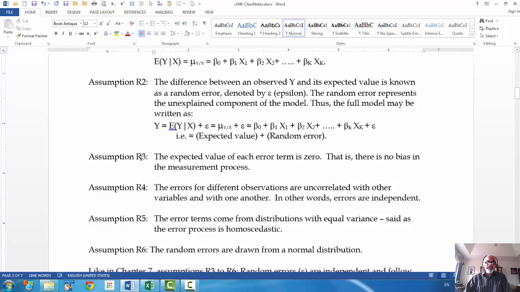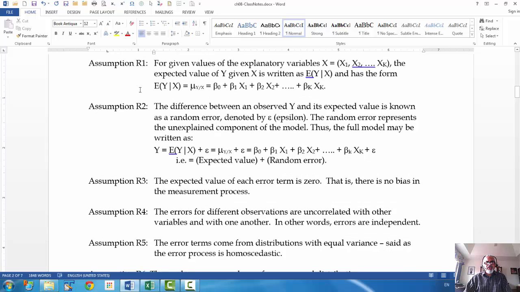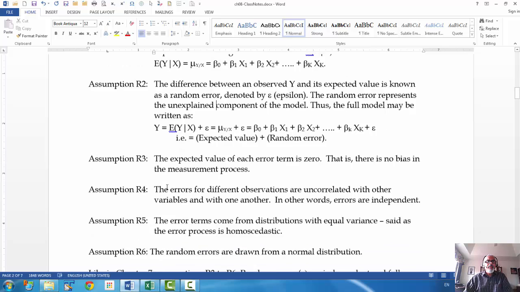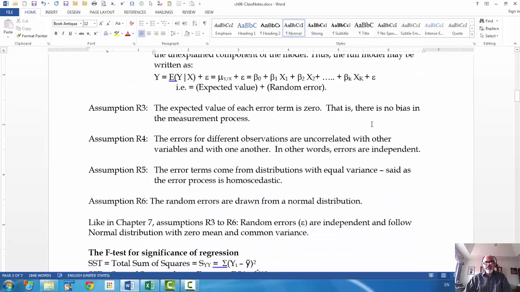Usually the first 3 assumptions will be stated as a single assumption, but your textbook separates them into 3 different assumptions, which is fine. The fourth assumption is that the error terms are uncorrelated. This is a very important assumption because in time series analysis it may not be valid in most situations.